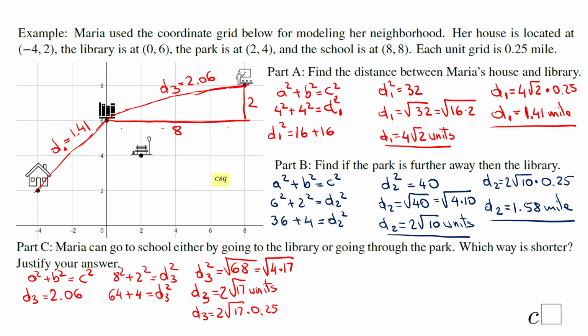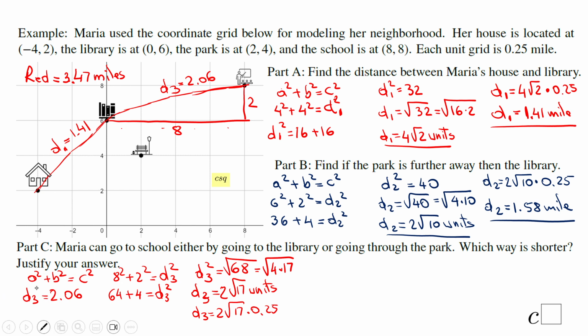So if we do it this way, I'm gonna say the red way, we're gonna have to add these two guys. And I end up with 3.47 miles. So the red way is 3.47 miles.